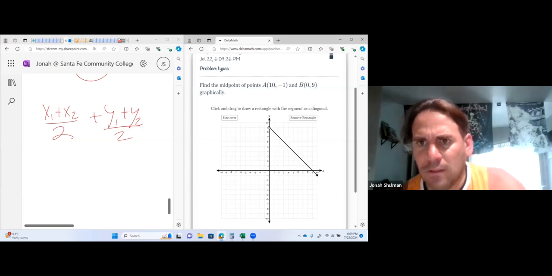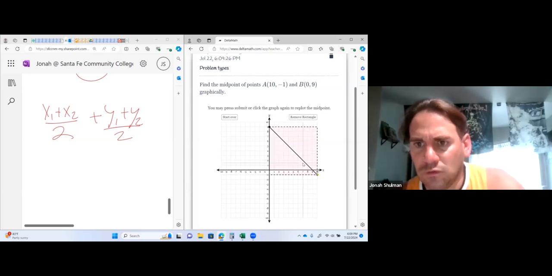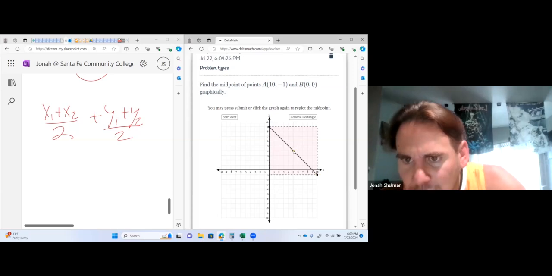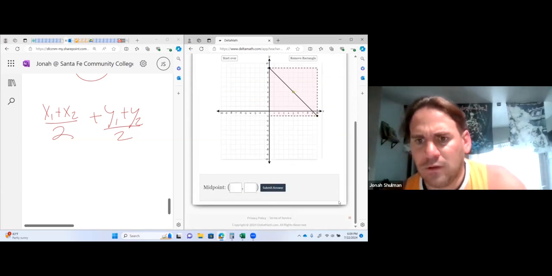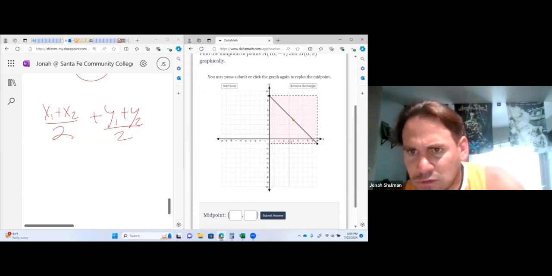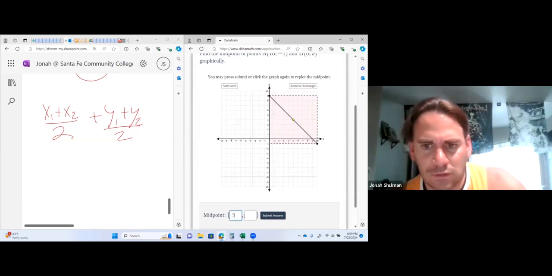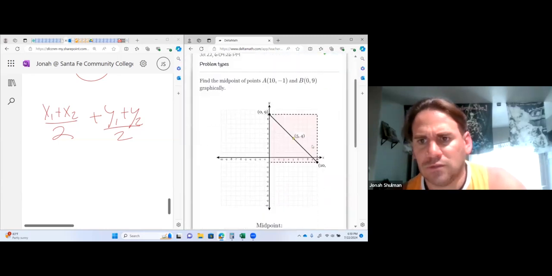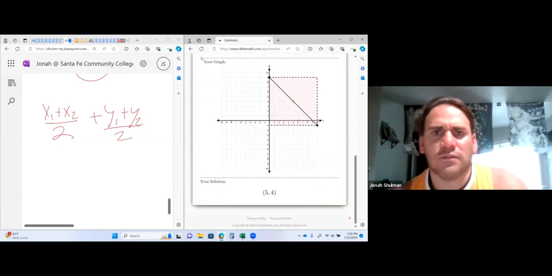Okay. Now we got to draw this thing. I think I just drew it wrong. Cool. And then we just have to find a perfect match in the middle. Is that perfect? It looks perfect to me. All right, let's see. I've never done one this way. So it's 5, 4. Let's see if 5, 4 is the answer. Nice. Really cool. I like this a lot.